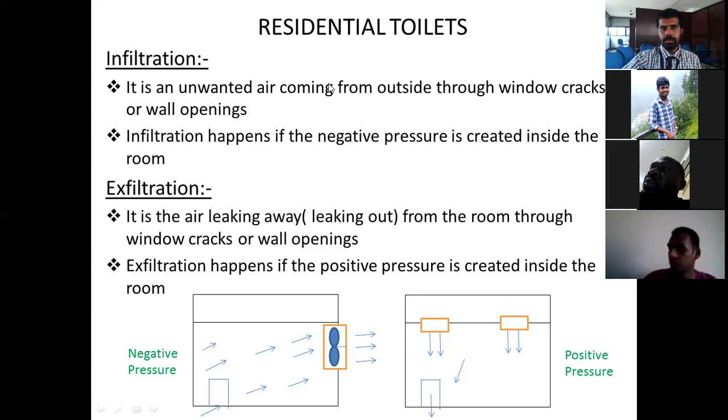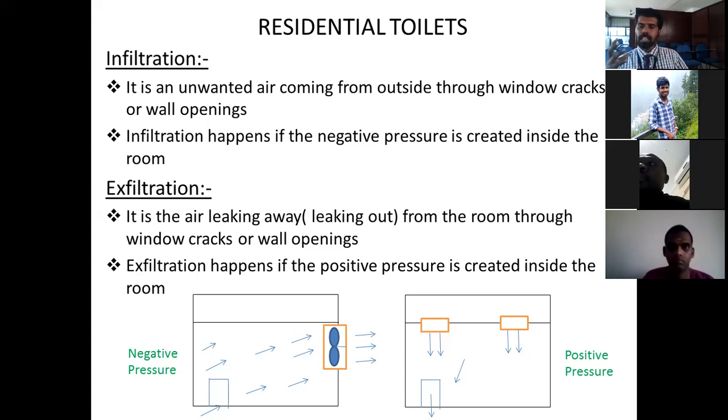Is there any answer? See, what I have asked is that ventilation means the exchange of indoor and outdoor air. Correct. In toilet, we are dealing with toilet ventilation. In toilet ventilation, usually we will be giving an exhaust fan.